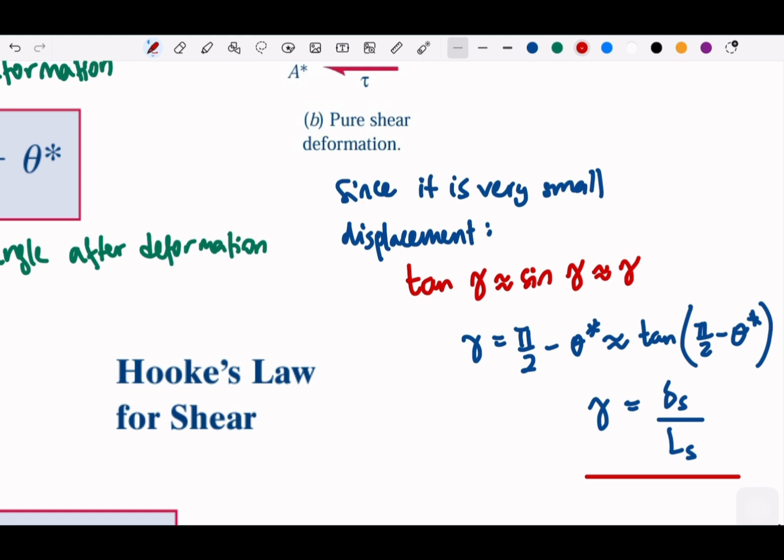Usually it will be very, very small, and we could use this tangent approximation.